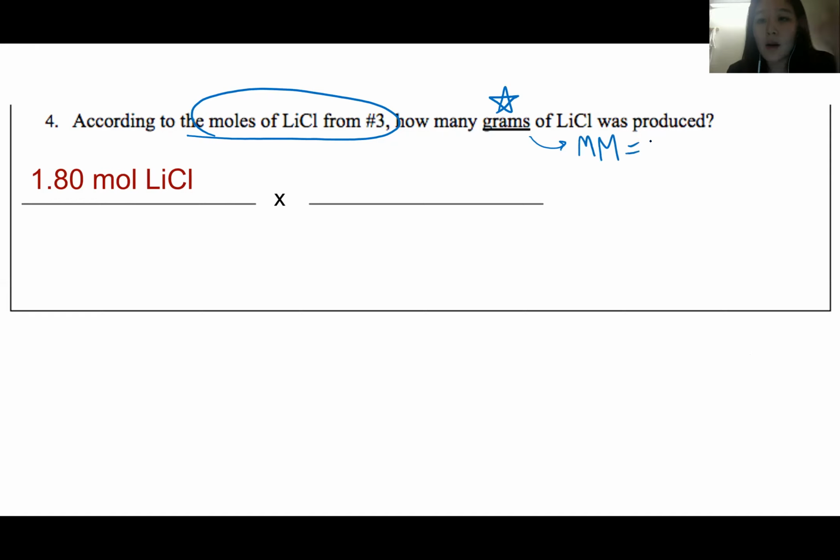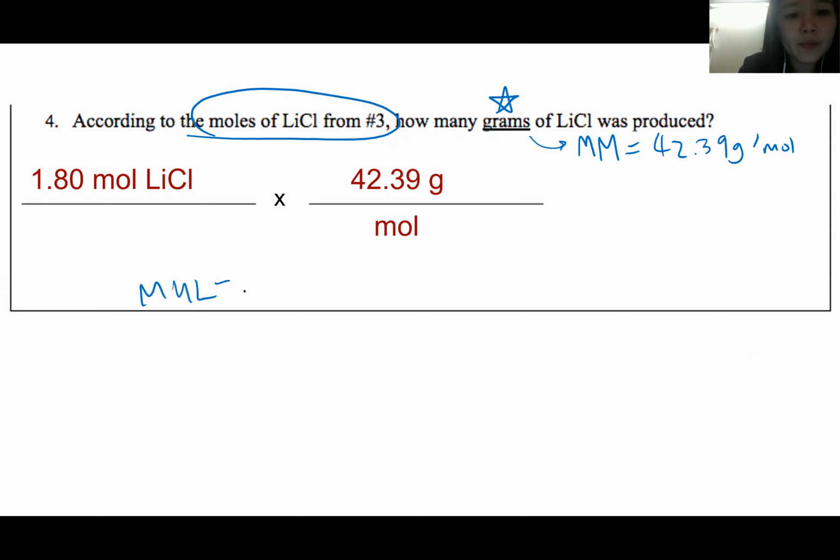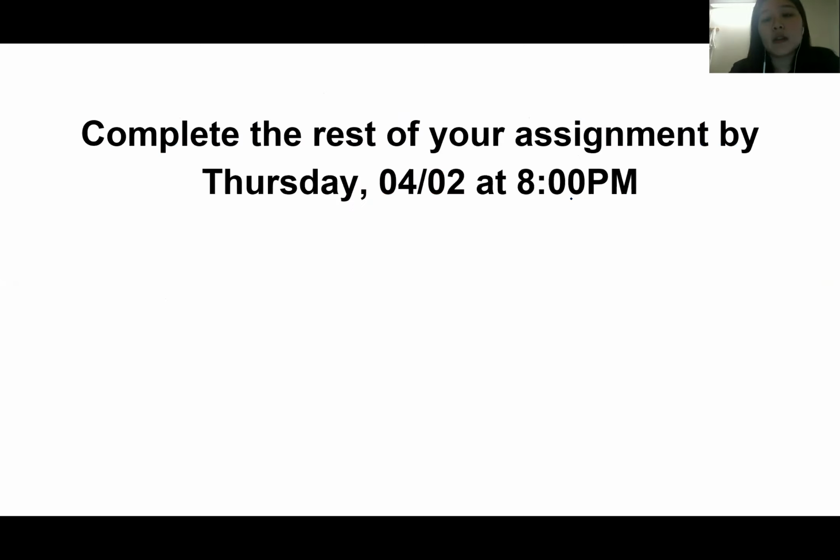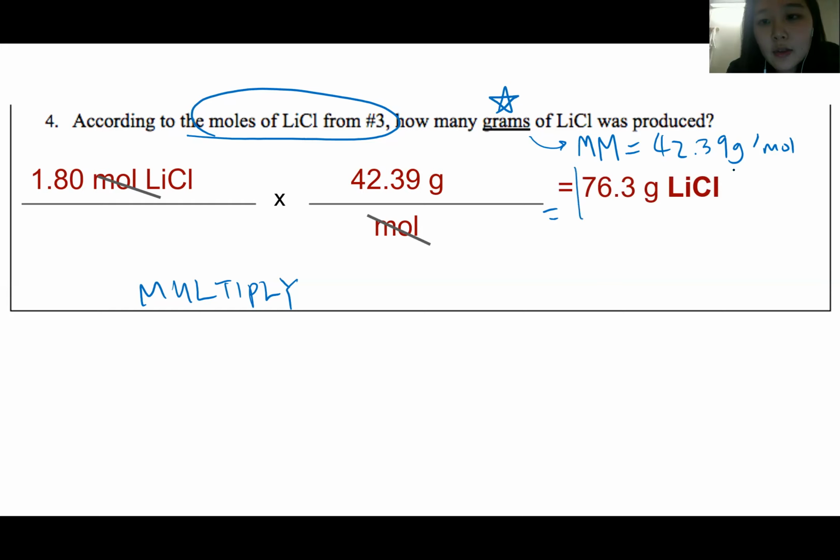I think I have it already here, 42.39 grams per mole. We're given moles and we want to convert to grams, so we're going to multiply, which I get 76.3 grams of LiCl for number 4.